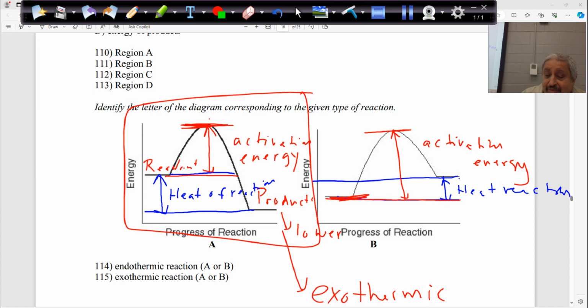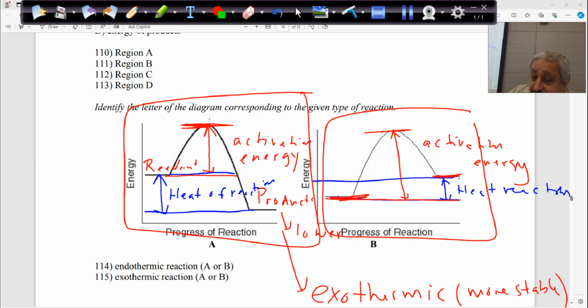And the system is said to be more stable. It releases the heat, correct? Here it is gaining the heat from the surroundings, so the heat will be what? Up. This will be what? Endothermic. And the products are higher.